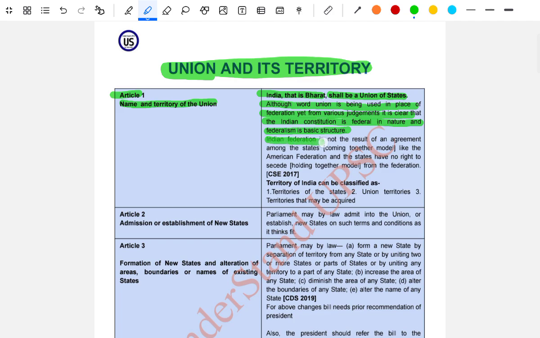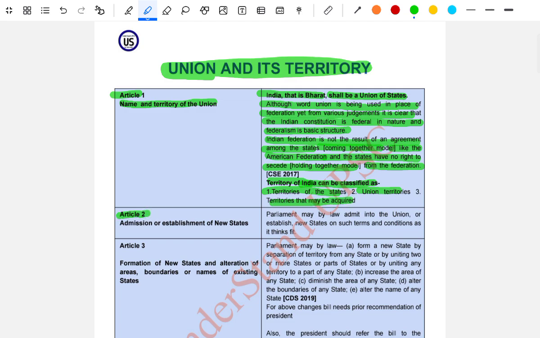The Indian Federation is not a result of an agreement among the states coming together, like the American Federation, and the states have no right to secede from the Federation: a holding together model. The territory of India can be classified as the territory of the states, union territories, and the territory that may be acquired.